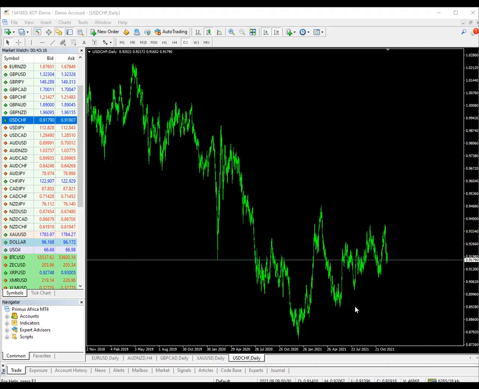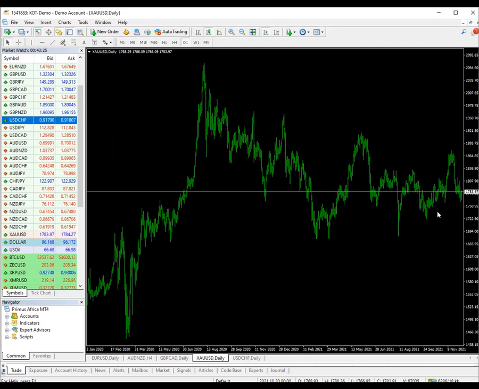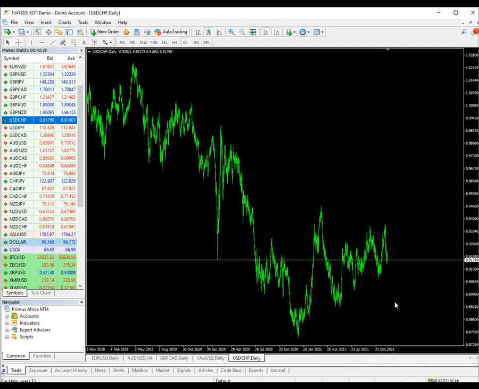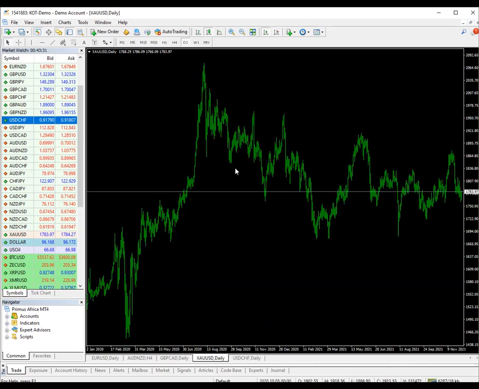USD CHF is making a downturn here, whilst gold is also making a downturn here. Do you get it? Downturn, downturn. So this is the correlation.